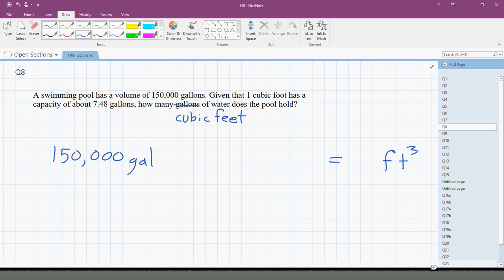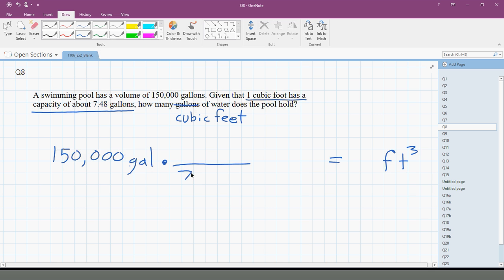So do we know a relationship about gallons and feet? Yeah, it's right up here. Even though I didn't write it out with an equal sign, this part right there tells you about the relationship between gallons and cubic feet. So we want to get rid of gallons. So where does that go? Below.